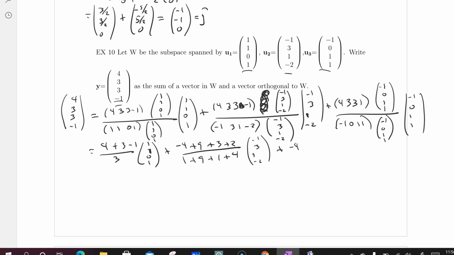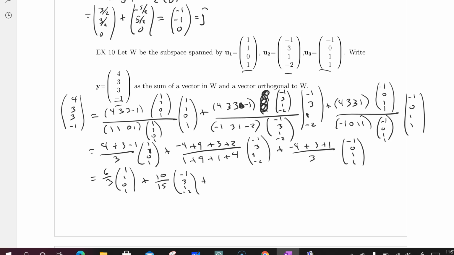Then I get -4 plus 3 plus 1 all over 3, all times this vector, -1, 0, 1, 1. Okay, so this gives me 6 over 3, plus, this gives me 10 over 15, plus, and this gives me -2/3.